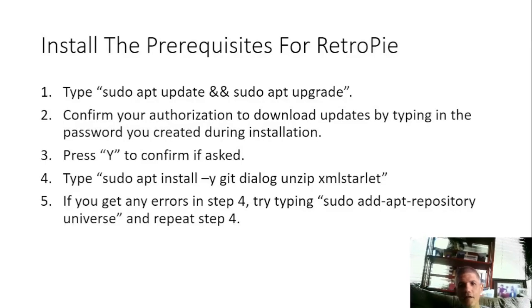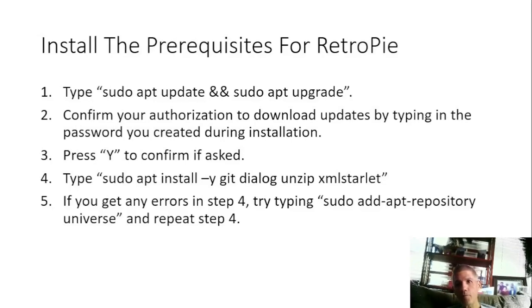Alright, just to give you an overview of what we're going to be doing next, the next step is to install the prerequisite software for RetroPie. To do that, we're going to make sure all the packages are up to date and upgraded for the requirements of RetroPie to improve our chances of success in installing it.